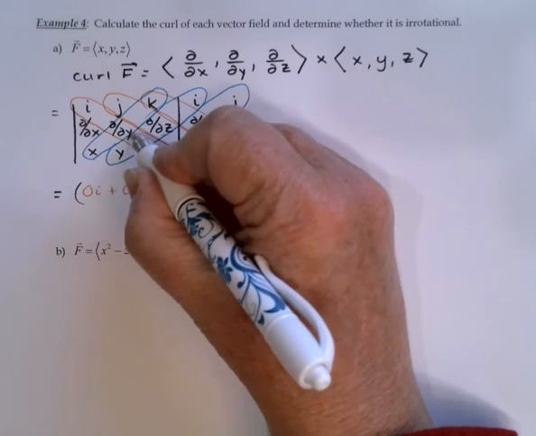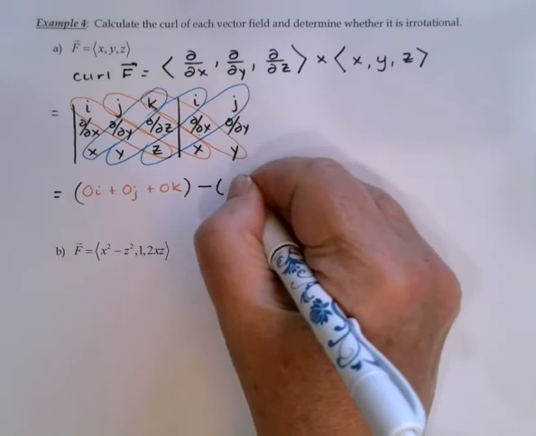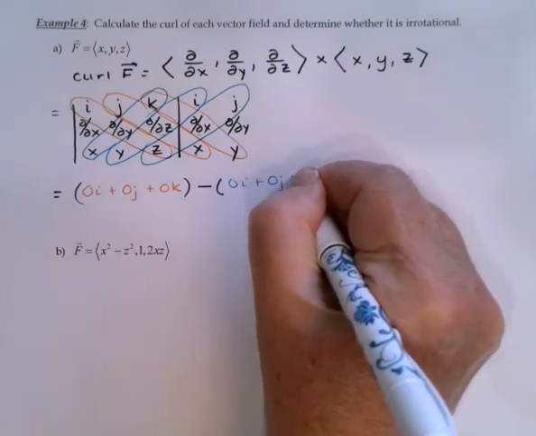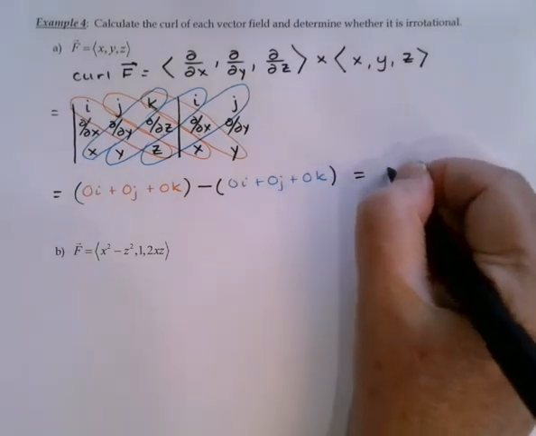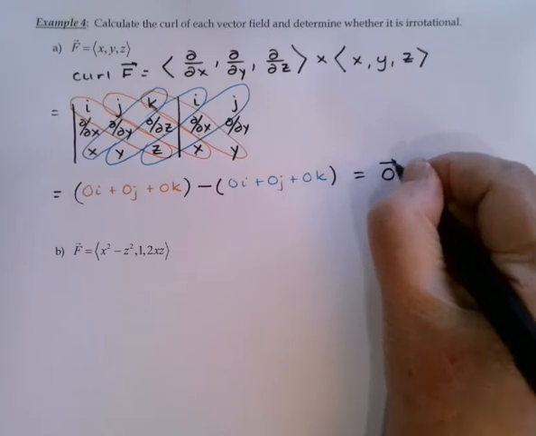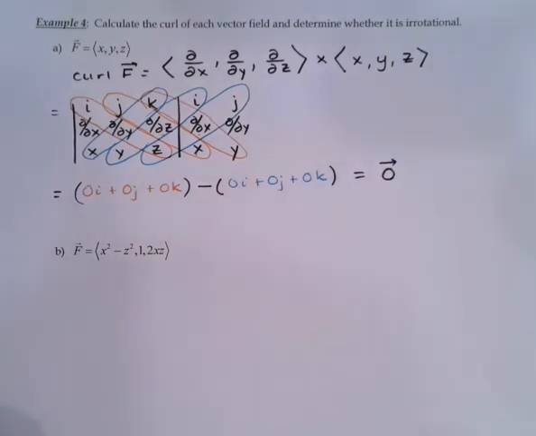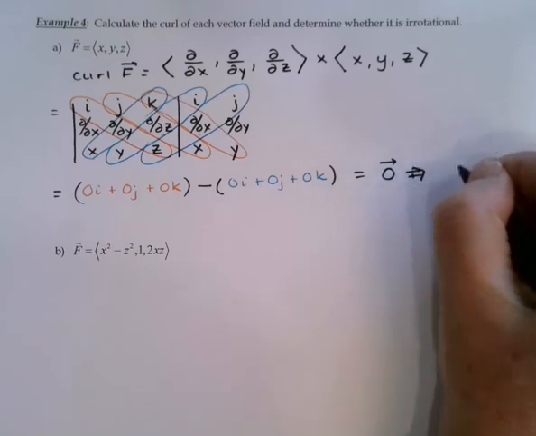X with respect to y is 0, y with respect to z is 0, z with respect to x is 0. So, not real surprised, I do indeed end up with 0 for the curl. Technically, it's the 0 vector, 0i, 0j, 0k, meaning that my vector field is conservative, or we'll now tend to use the word irrotational.